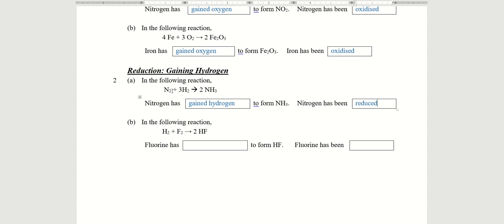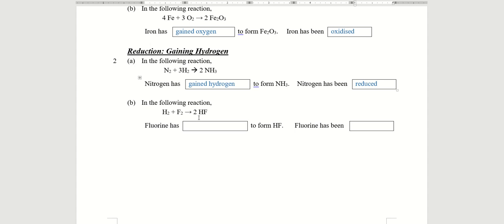Again, we review: nitrogen, left hand side, by itself. Nitrogen on the right hand side, after the reaction, has gained hydrogen. Therefore, nitrogen has been reduced. Let's take another example. When hydrogen reacts with fluorine to form hydrogen fluoride, we can see that the fluorine has gained hydrogen after the reaction.